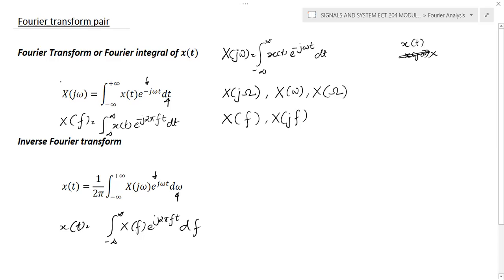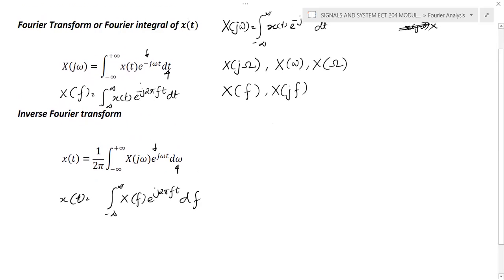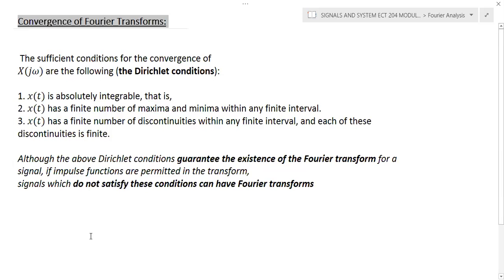So make sure that you are comfortable with the terms in the equation. Now we'll move to the next point. There is the convergence of the Fourier transform, which holds when it satisfies the Dirichlet conditions. And one more point: this is a sufficient condition and not necessary.